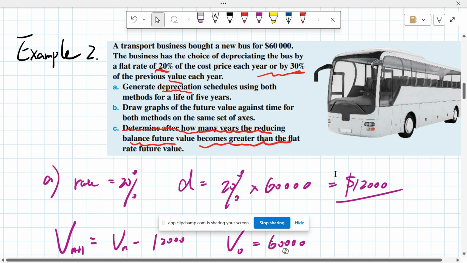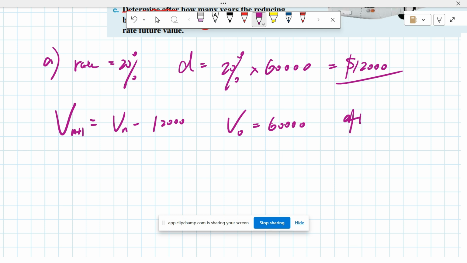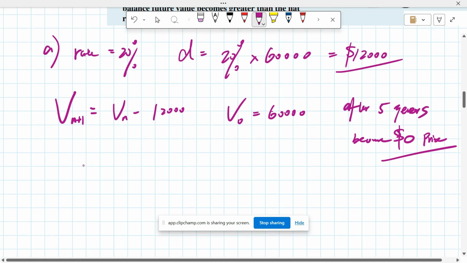So after 5 years, it becomes 0 price. Now what we do is we're using the reducing balance.